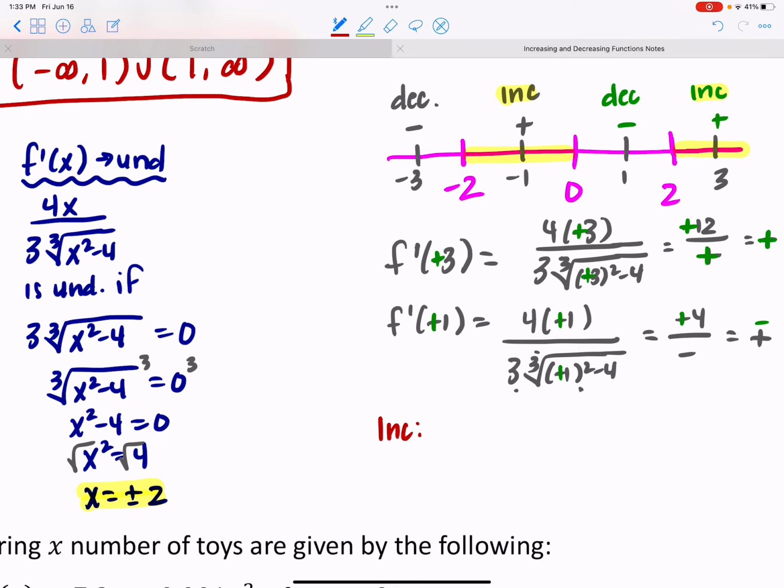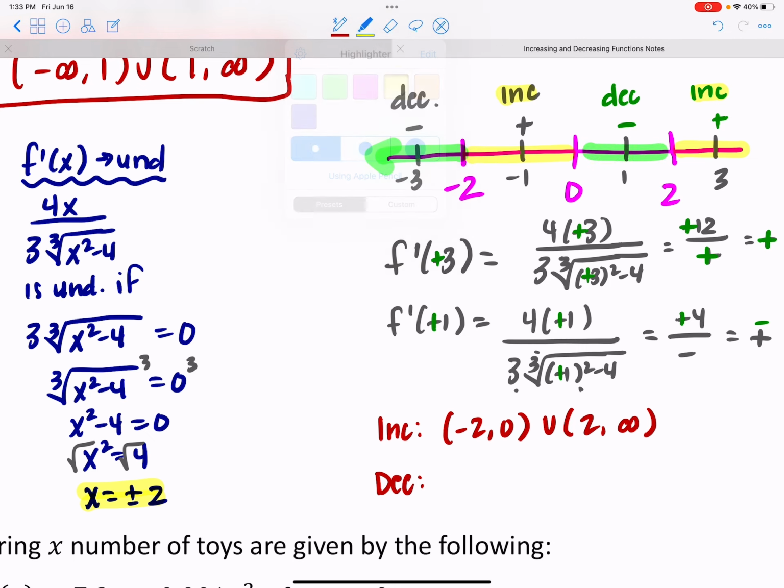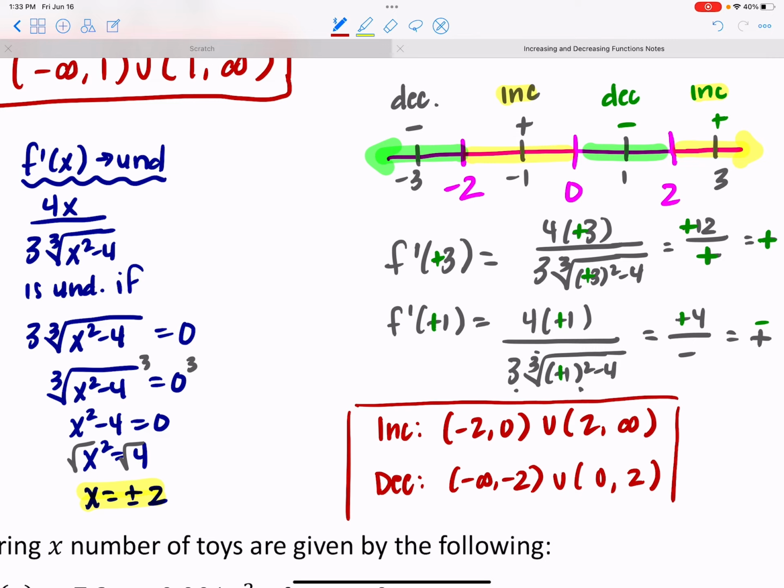So we're going to say it's increasing from negative 2 to 0, and from 2 to infinity. And then decreasing intervals were over here and here. And I should have put an arrow on this one. Okay, so we're going to say this graph is decreasing from negative infinity up to negative 2, and then between 0 and 2. Okay, so that's a lot of algebra, but luckily we can confirm all of this.